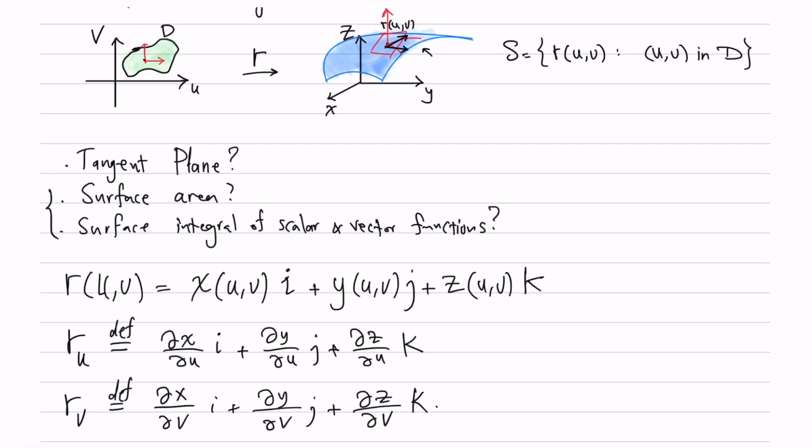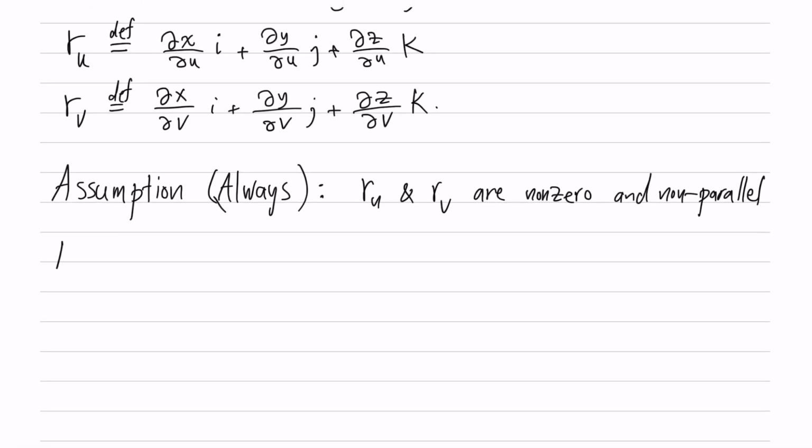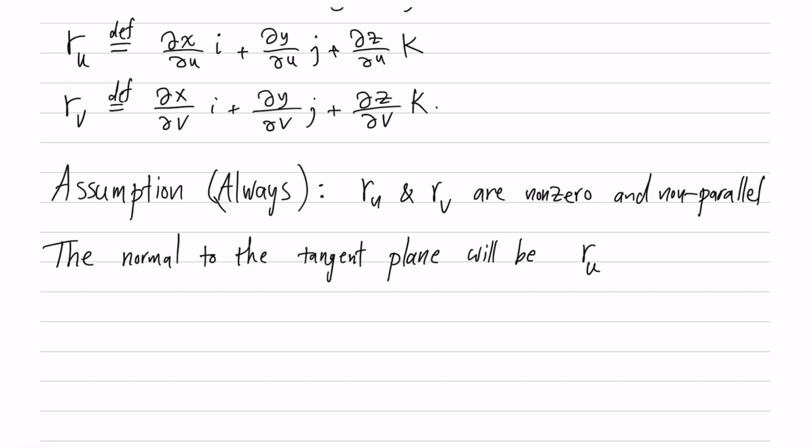Now you have a plane and you know two vectors in it, so the normal to the tangent plane will be their cross product, right? You have two vectors in the plane, their cross product will be perpendicular to the plane, and any one vector that is perpendicular to the plane is enough.